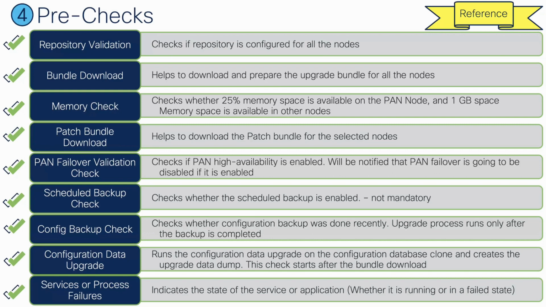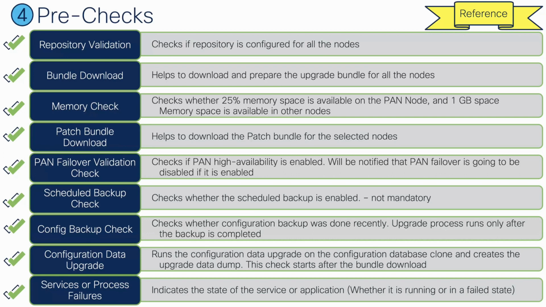The config backup check takes care of whether you have recently taken the configuration and operational DB backup. The configuration data upgrade takes your DB in the existing version and runs the migration tool on it so that it can come down to the latest version.